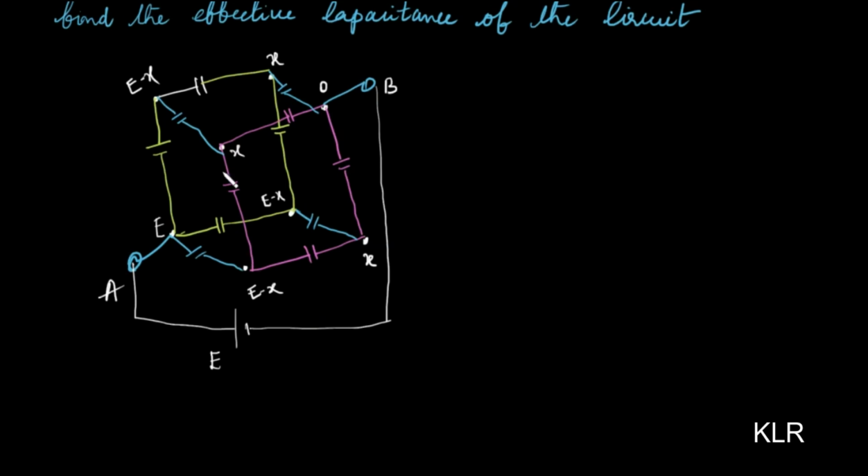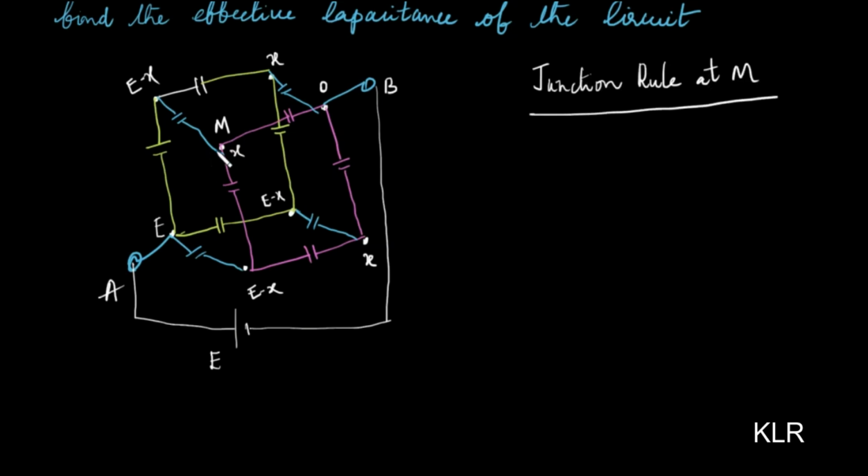At a junction, let us choose one junction, let us say this junction as M. Now apply the conservation of charge at the junction M, or Kirchhoff's first law, or junction law, or junction rule at M. Now at M, if I apply the junction rule, the sum of all charges is equal to 0.